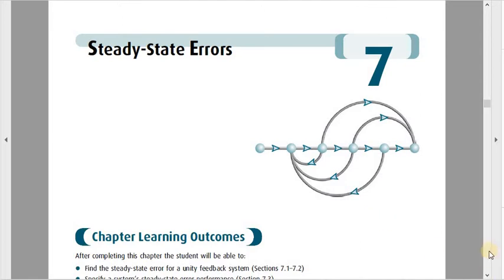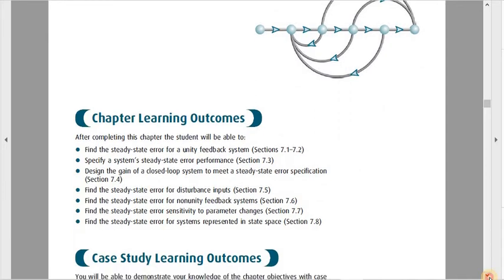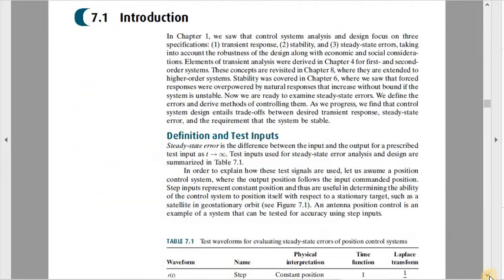Now let's see what steady state error is, how we define it, and how we can use it for controller design or for analysis. Basically, this is the introduction of steady state error. For design and analysis purposes, the first part is the transient response, then the stability, and then the steady state error.